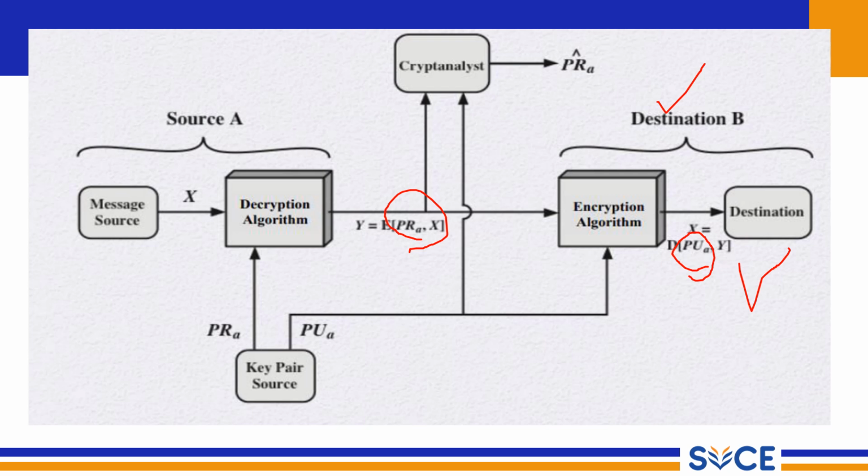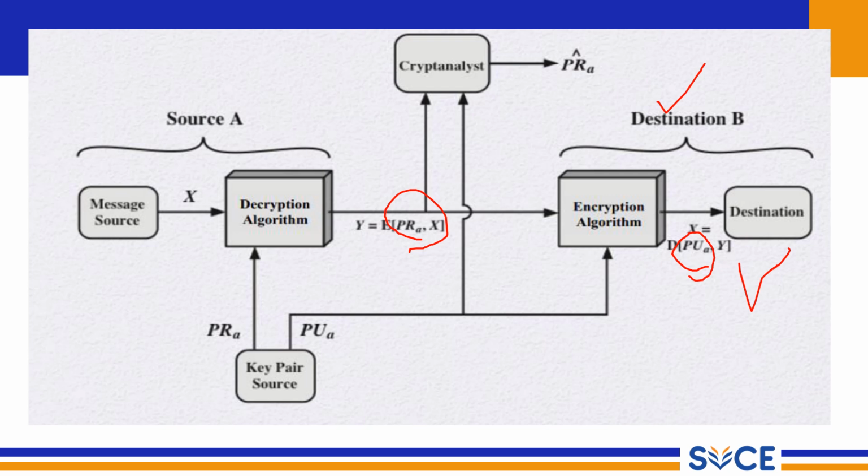It is assumed that the adversary has knowledge of the encryption and decryption algorithms. The adversary's focus is to recover X by generating a plaintext estimate.